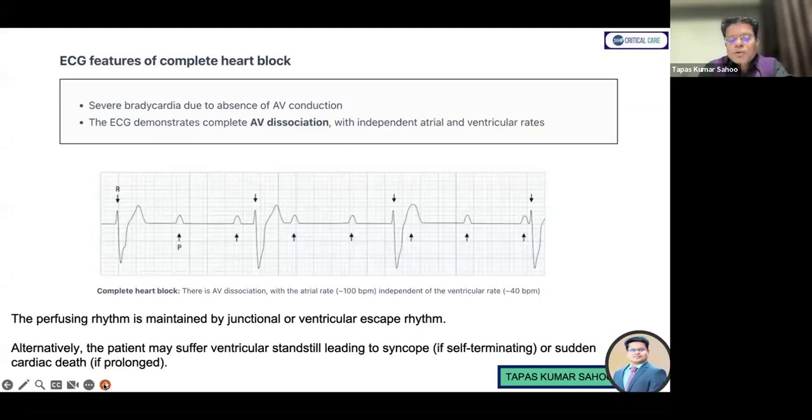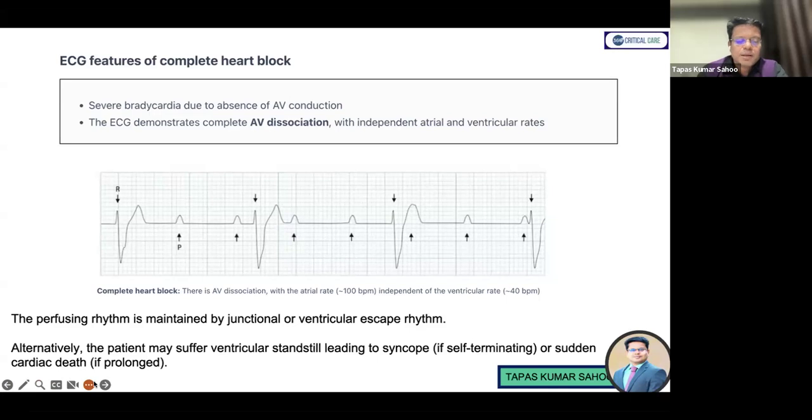Alternatively, if you are not going into the treatment plan immediately by transvenous or transcutaneous pacing, then whatever ventricular perfusion is happening, that would lead to syncope, because if the perfusing rhythm is self-terminating, you would get syncopal attacks in between in these patients, or sudden cardiac death. If the ventricular rhythm the patient is right now having terminates for a long time, definitely the patient is going to die.